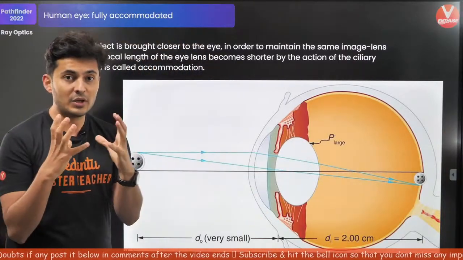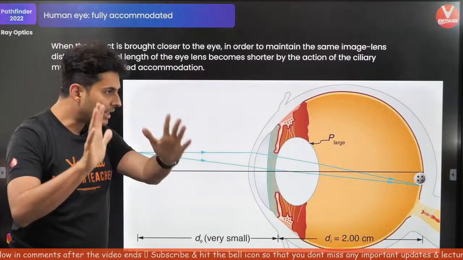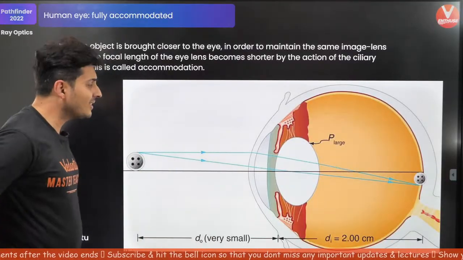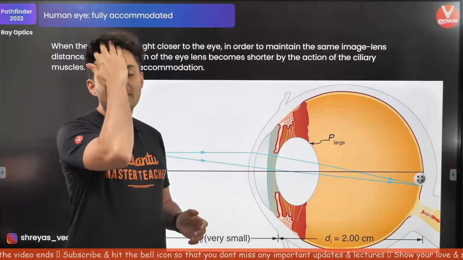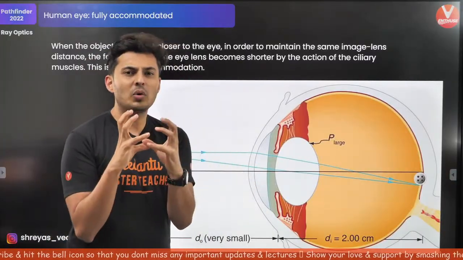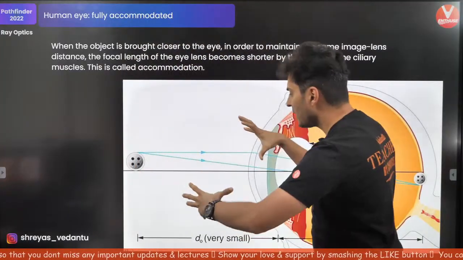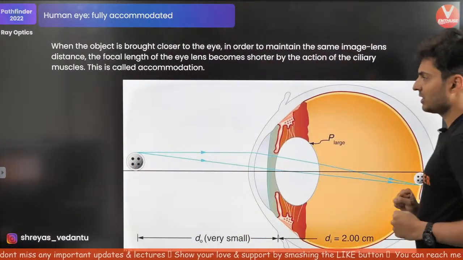So it has to reduce its focal length, it has to increase its power. Agreed? Now, what happens is, there are times when the eye's muscles or the lens is unable to contract, it's unable to push it, so that it can reduce its focal length and form the image.